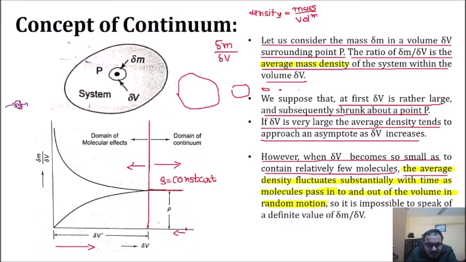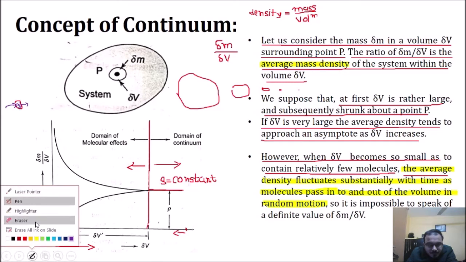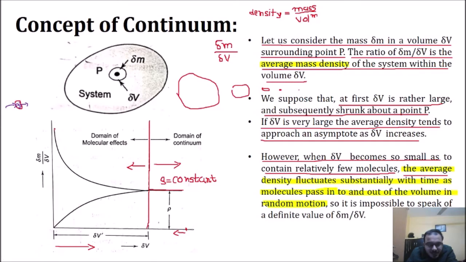So here, if you see, this is the variation which we are observing. There is no fixed value of density in this region. Why? Because this is the domain of molecular effects. So it cannot be said which value of density will be there inside such a small volume.